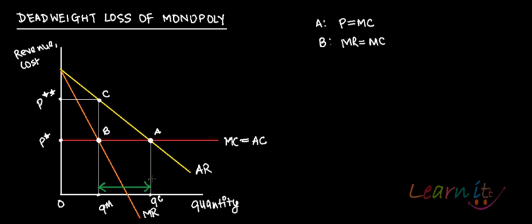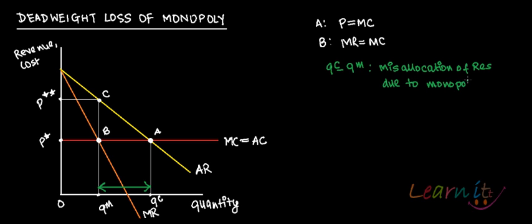This gap, which you could write as QC minus QM, is because of misallocation of resources due to monopoly.